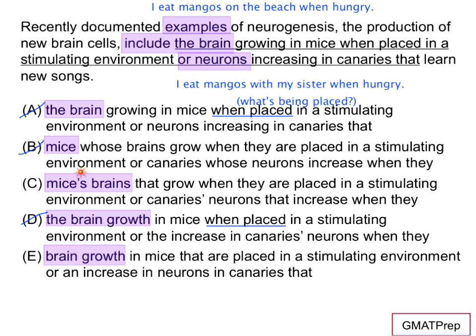Now, there's one circumstance in which you can actually use a pronoun to refer to an adjective, as long as it's in this form, the possessive noun form. And that is when the pronoun itself is also in possessive form. So you can refer to a possessive noun if you've got a pronoun that's in possessive form.